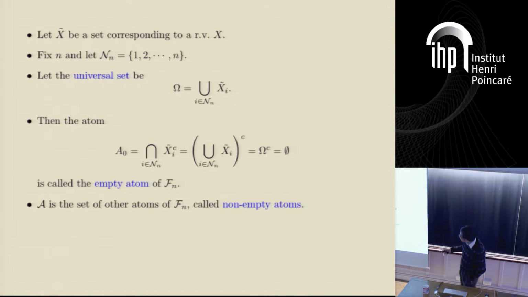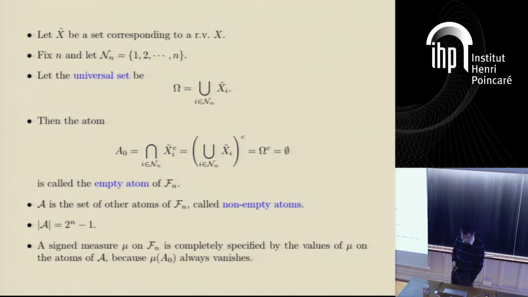For this reason, we call the set of all other atoms the non-empty atoms. Because most of the time we are going to ignore this empty atom, we let this set A be the set of all the non-empty atoms, and the cardinality of this is equal to 2 to the power n minus 1, because we just take out the empty atom.